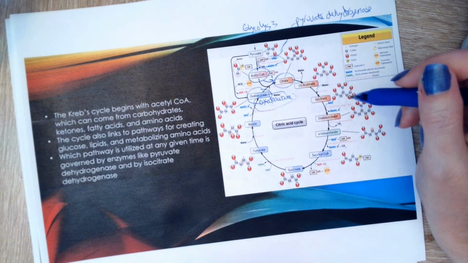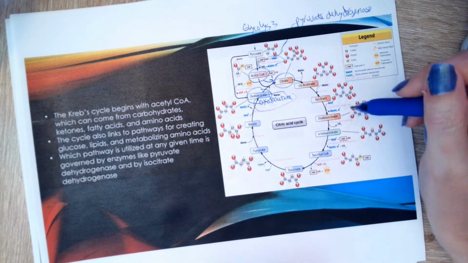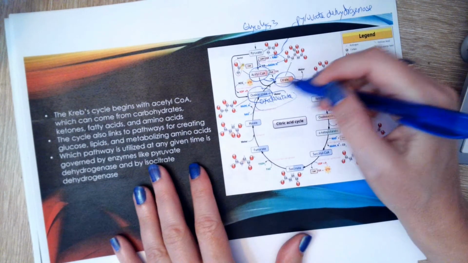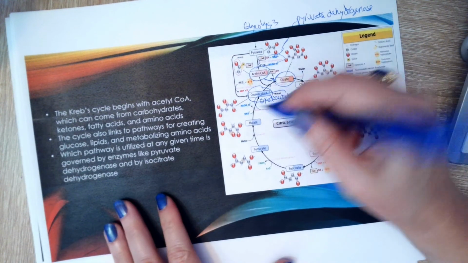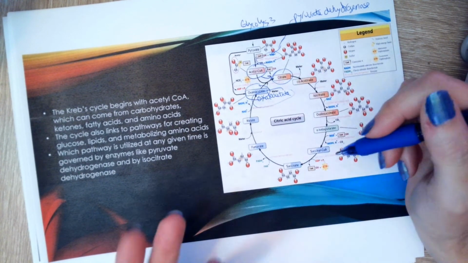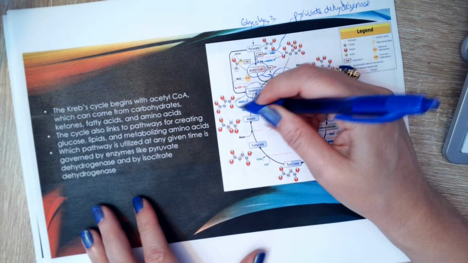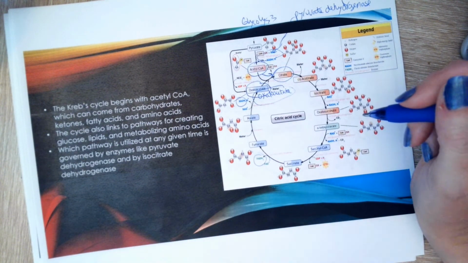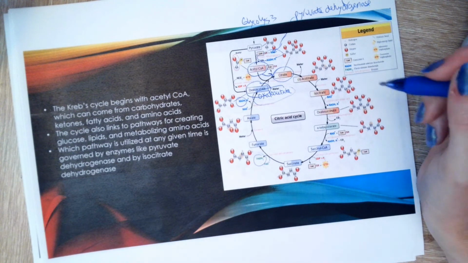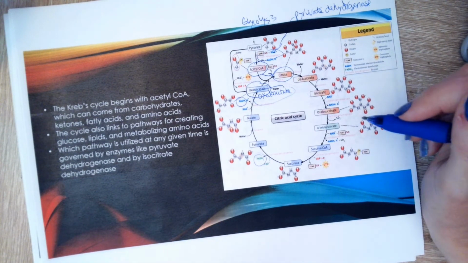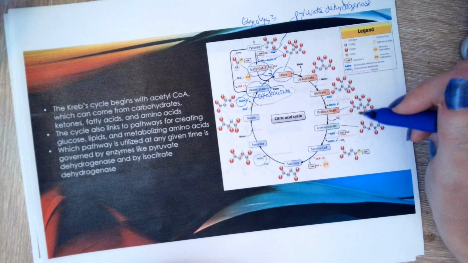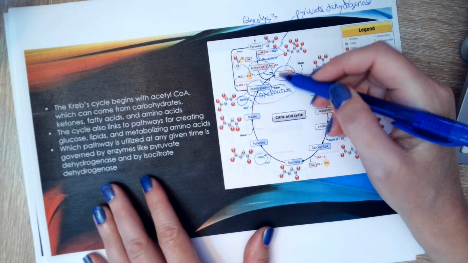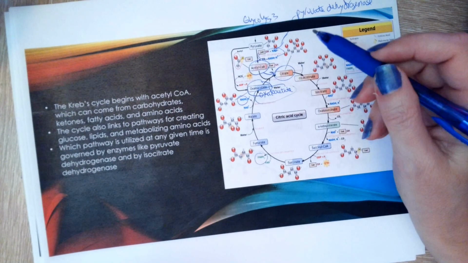Other things that we want to make note of, other than just our pure entering into the Krebs cycle, running through the Krebs cycle, getting some energy out of it, and getting NADH and FADH2 for the electron transport chain. We know all that stuff already, but we're looking more at where we can branch out or where we can feed in to the Krebs cycle, other than just acetyl-CoA.